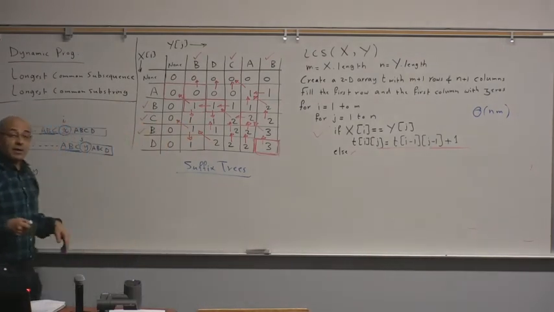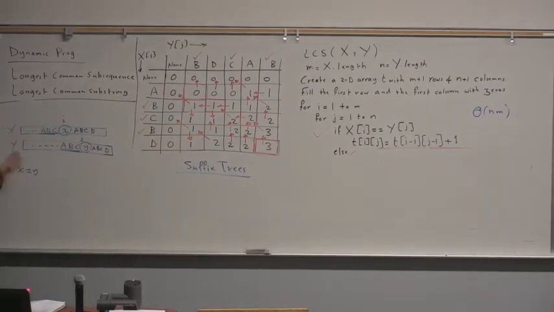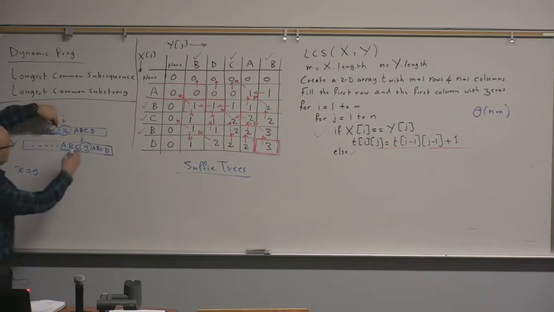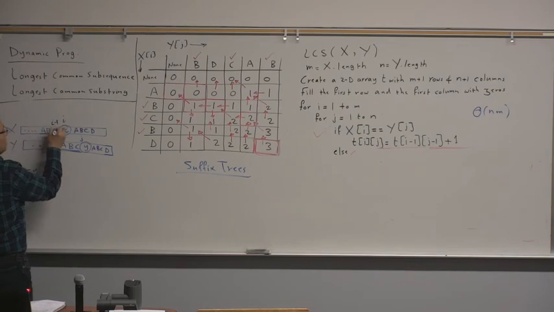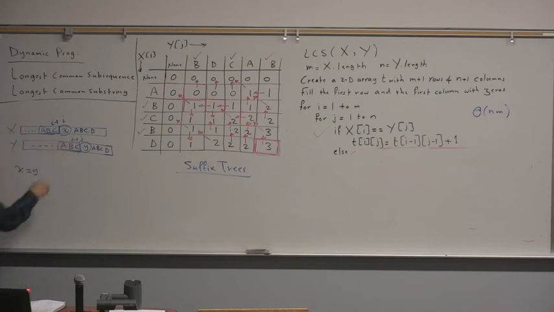And if X and Y are not equal, then the length of the longest common substring that ends at this point is going to be what? The longest common substring that ends at I minus 1 and J minus 1 is ABC.